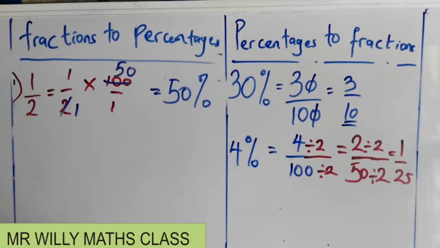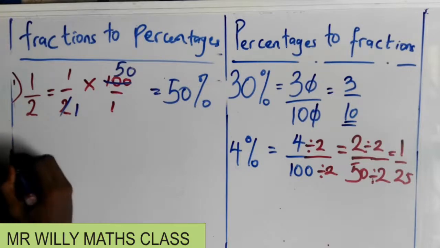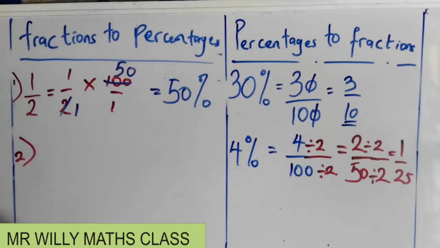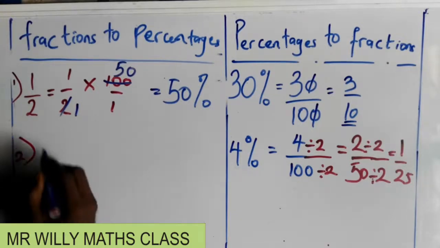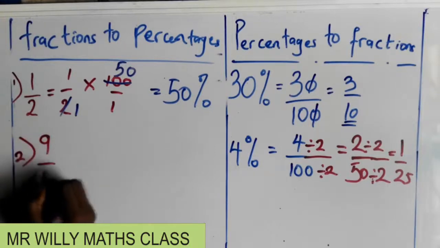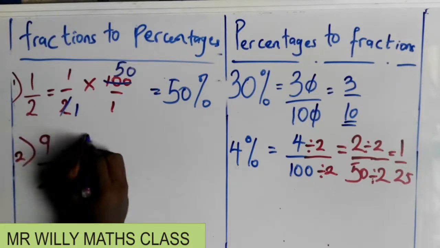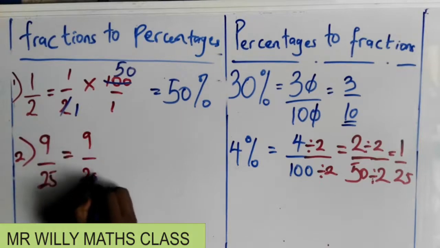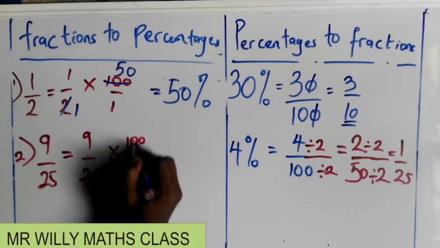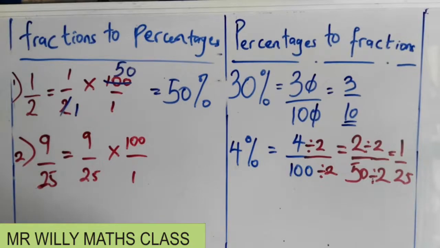Now let's say that you have another one. Let's say that you are given 9 over 25. So we have to change 9 over 25 to percentage. I told you that the first step is that you multiply with 100. So that will be 9 over 25 times 100. Now that you have multiplied with 100, the next is what? Divide the numerator and the denominator with a common factor. So what's the common factor for 25 and 100?